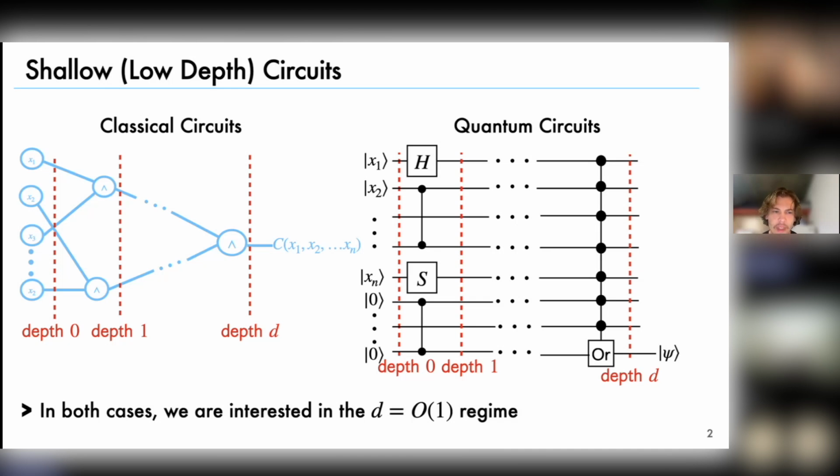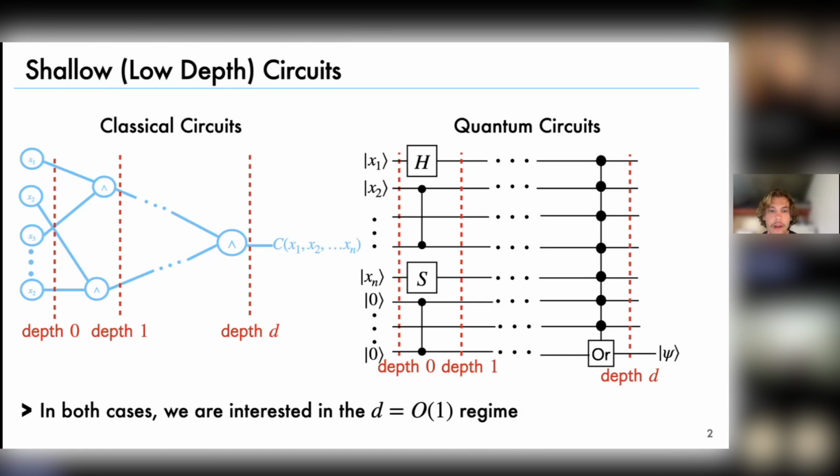The depth of a classical circuit is the maximum path length between any input and the designated output wire, and I've divided it up here into D many layers. On the right, we have a quantum circuit, with a similar notion of depth, which is just the total number of layers of non-overlapping gates in our quantum circuit.